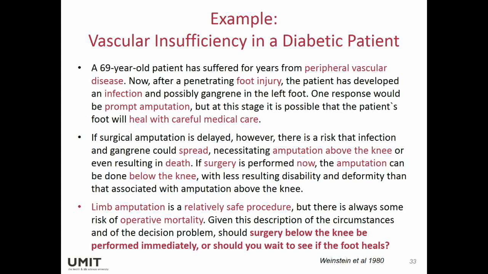Amputation at an early stage could be below the knee, and then you could use a prosthesis, and there is limited harm, but of course it's a big thing to have an amputation. So people are afraid of that, and we would like to avoid it. And there is also a chance that with conservative good medical care, that foot can be saved and the patient can continue with the foot. So it's a huge decision.